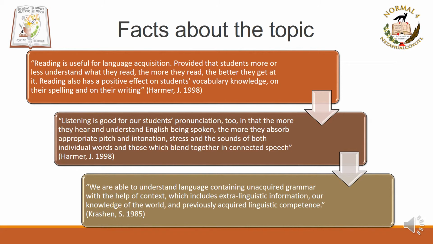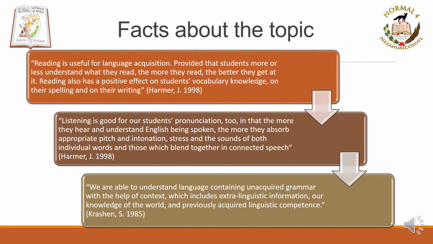Reading is also really useful. If they read more, they're going to get more vocabulary. They're going to know how to spell a word, how a word must be written. These quotations are by Jeremy Harmer in 1998.